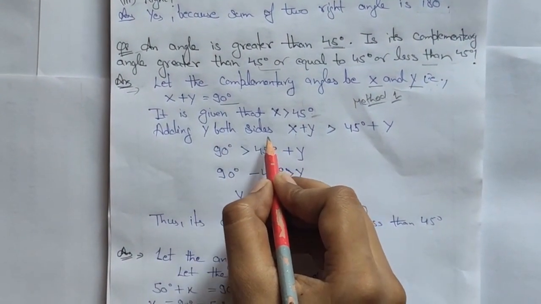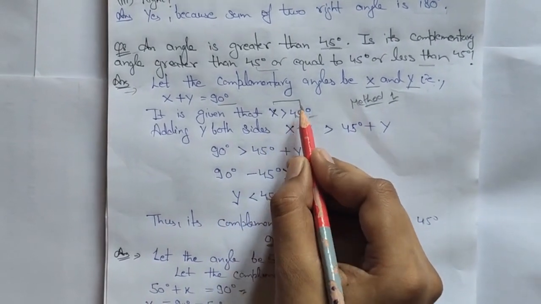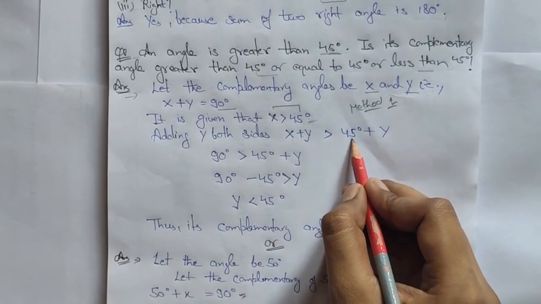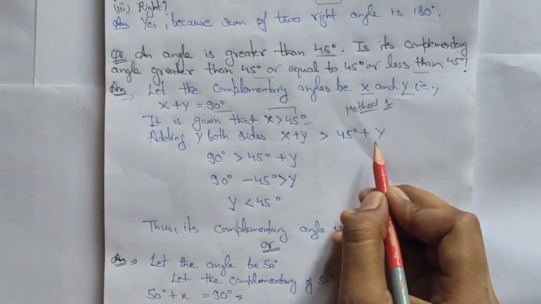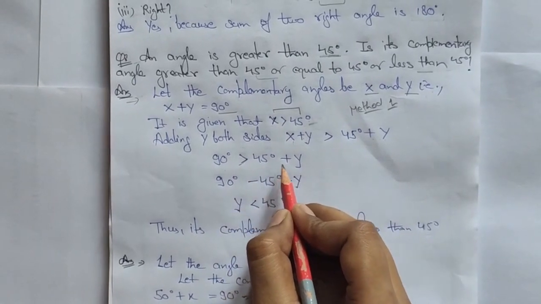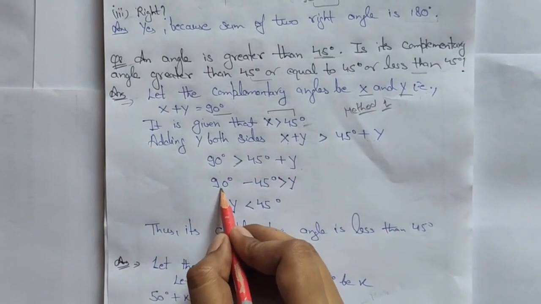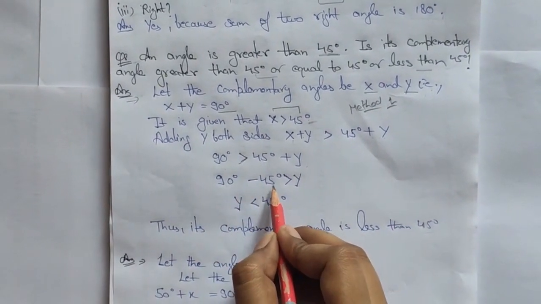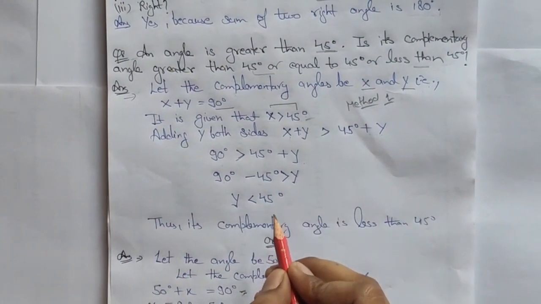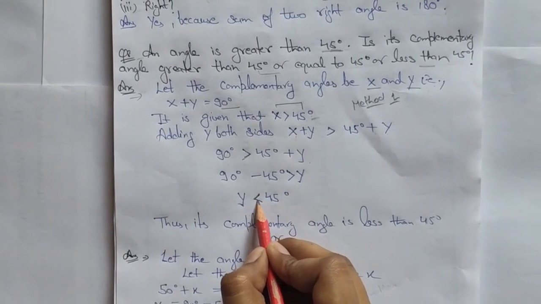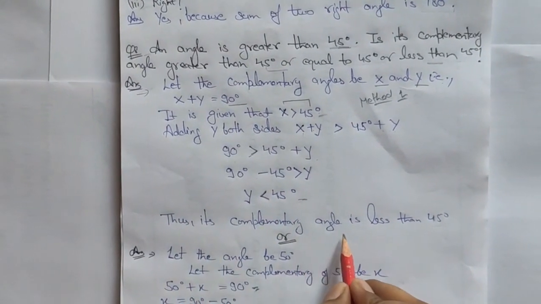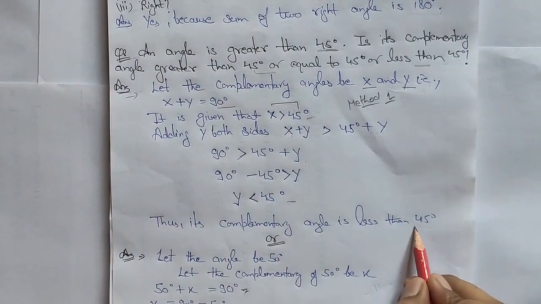Adding y to both sides, x plus y is greater than 45 degree plus y, and 90 degree is greater than 45 degree plus y. So 90 degree minus 45 degree is greater than y. So y is less than 45 degree. Thus its complementary angle is less than 45 degree.